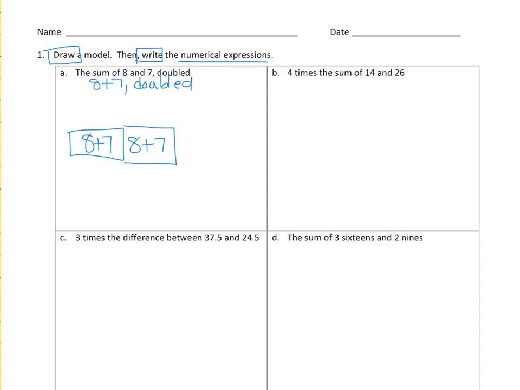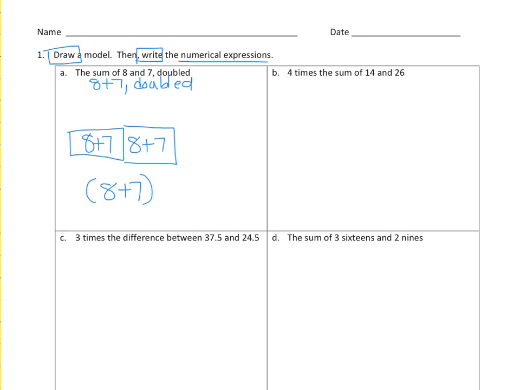For our numerical expression, we're going to be writing it out as a problem using numbers and symbols. So the first thing that we're going to be doing is adding 8 plus 7. So we need to put parentheses because parentheses tell us we do those things first. We're going to do that first, and then we're going to double it.